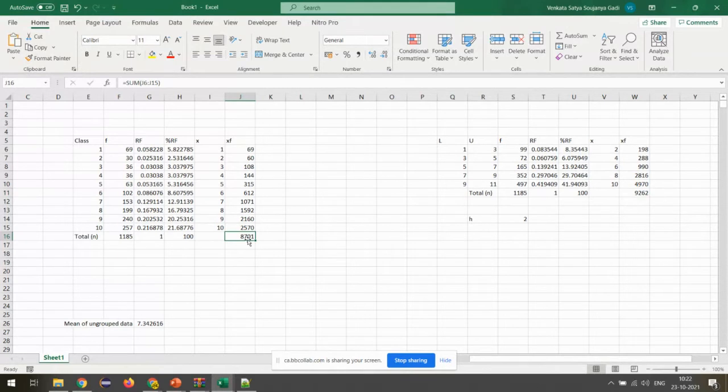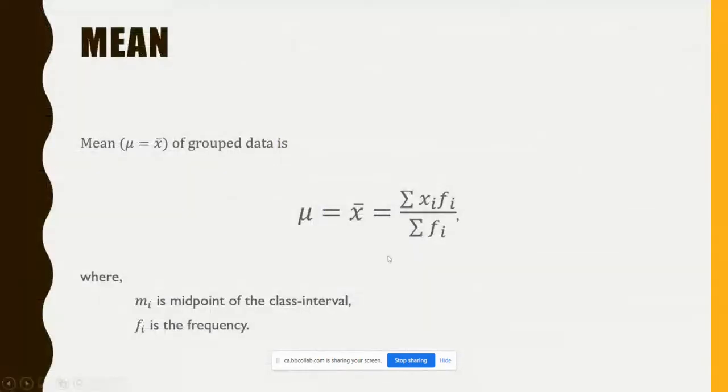And let us calculate the mean. So what's the formula? This sum divided by this sum. The sum of all the frequencies is n.